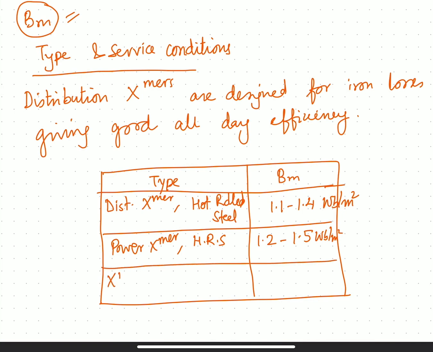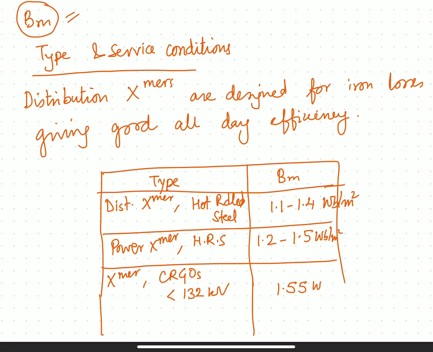Then for transformers using cold rolled grain oriented steel, there are 3 types. Up to 132 kV, you have 1.55 Weber per meter square.